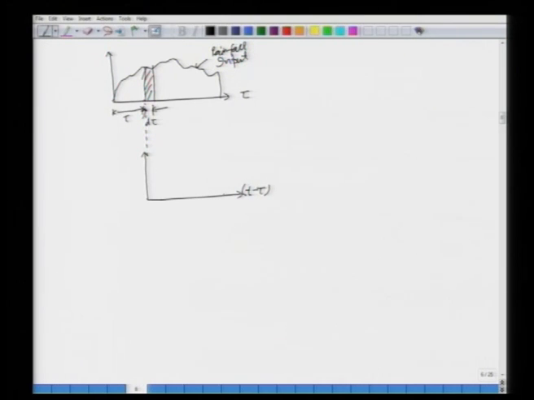So, you have any general time t, but you are subtracting tau, when the rainfall has actually occurred. Okay. Now, this curve is your u of t minus tau, all right, and let us say that this is your unit impulse response function. So, what is this? This is u t minus tau, all right.